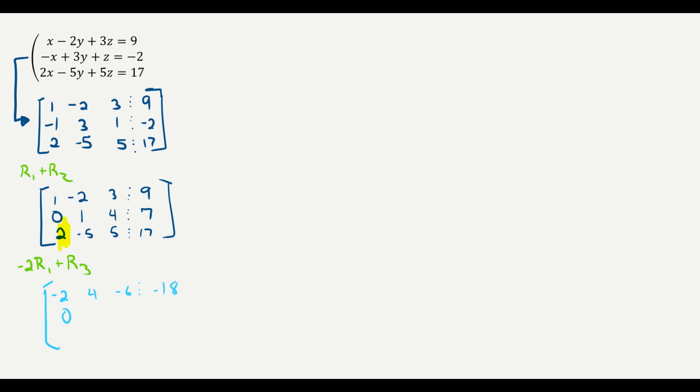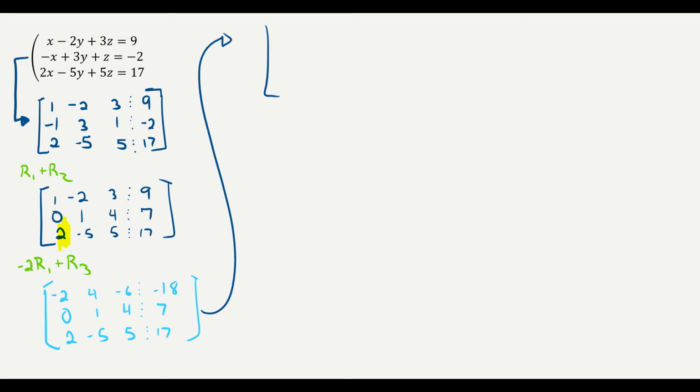Hopefully I make no mistakes because there's plenty of room for errors when doing this. Lots of quick calculations. Okay, there's that intermediate matrix. And then we'll move on up over here in the new third row. Well, if I go -2 plus 2, that gives me 0. 4 plus -5 is -1. -6 plus 5 is -1 as well.